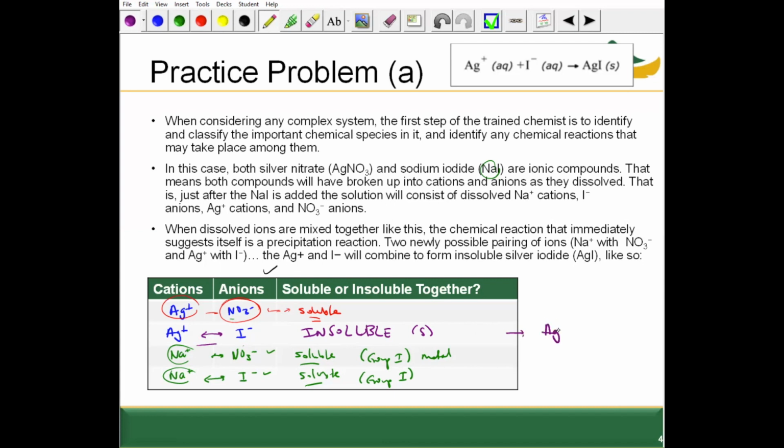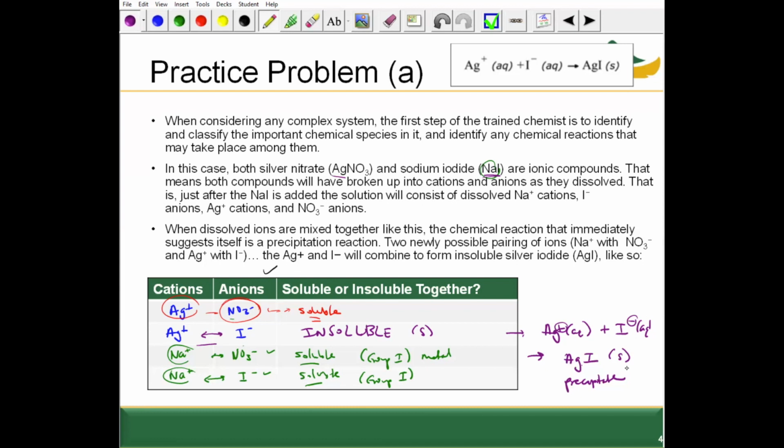We could have Ag+ ions in solution and I− ions in solution, where the I− came from sodium iodide and the Ag+ originally came from the silver nitrate. Those two ions come together to form this insoluble precipitate. The formula for that is AgI, because this is +1 and this is −1, so there are also subscripts of 1 here. This forms a semi-solid or solid precipitate.